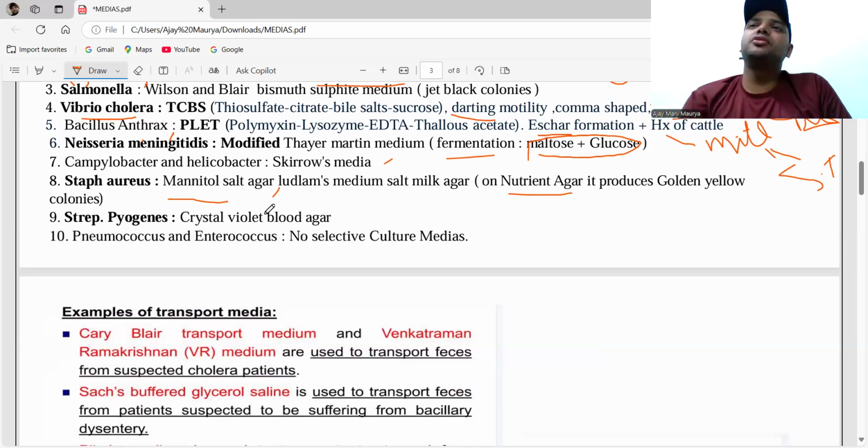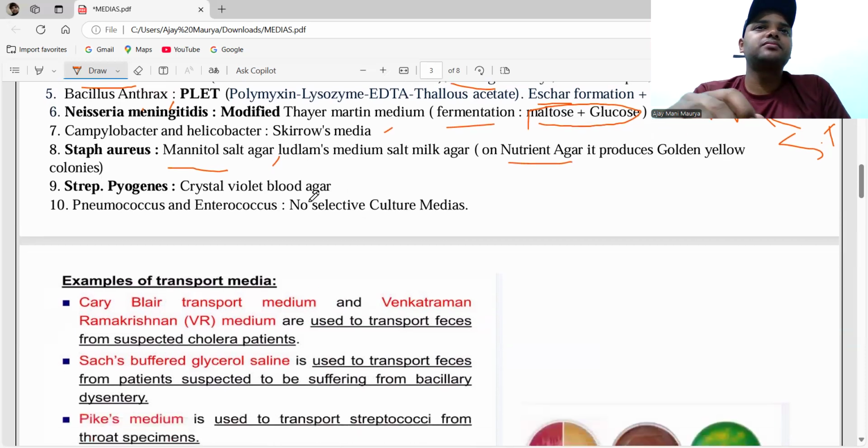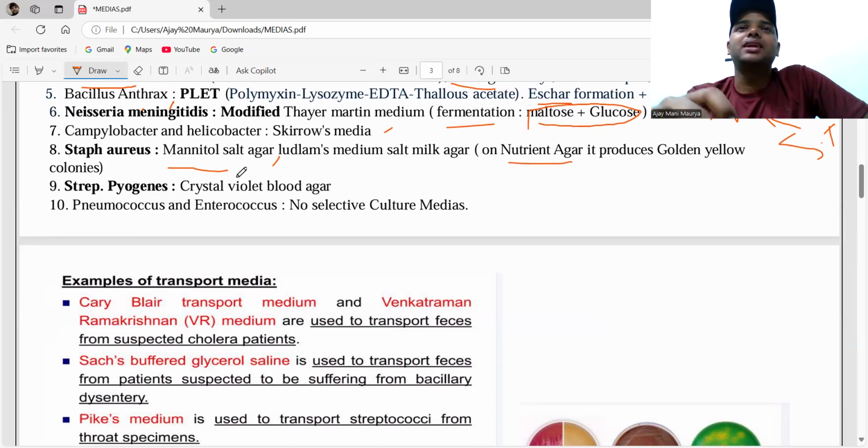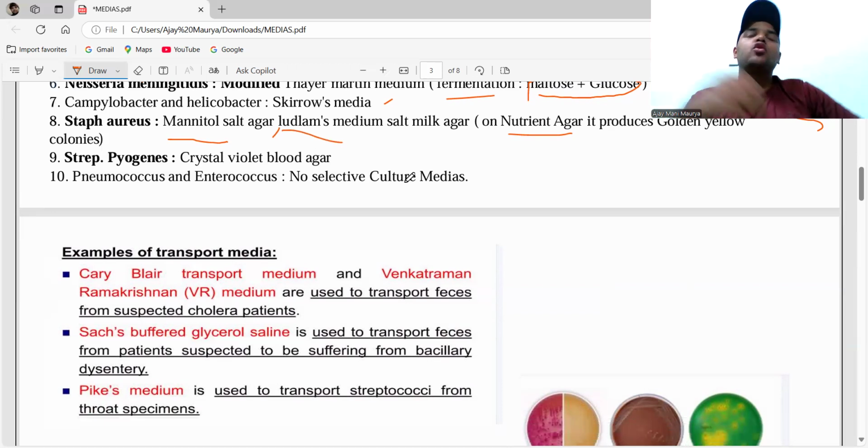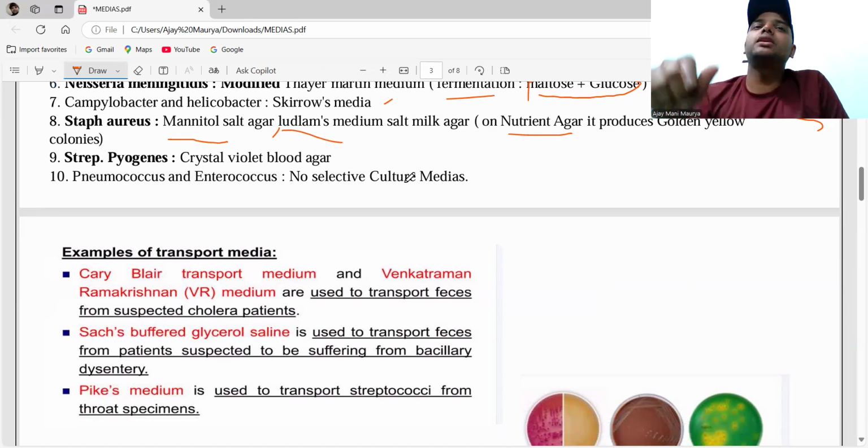Suppose they give PSGN, you have to know it is Strep pyogenes, crystal violet blood agar. Next, for the pneumococcus and the enterococcus, there is no selective culture media.